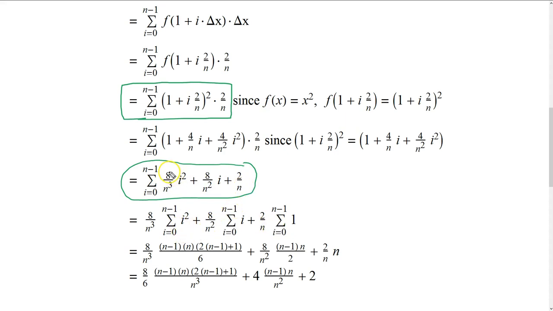And we pull out the 8 over n cubed in front of the summation, and the 8 over n squared gets pulled out, and the 2 over n gets pulled out in front, just like we have down here. And now, on each of these terms, we can use our formula.